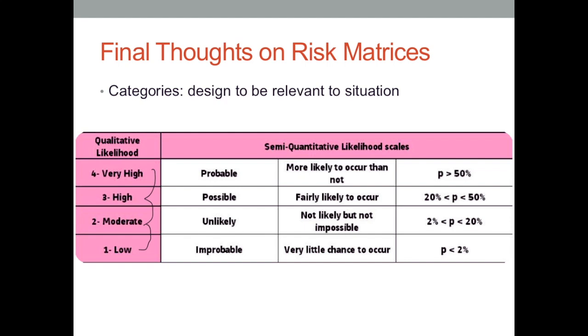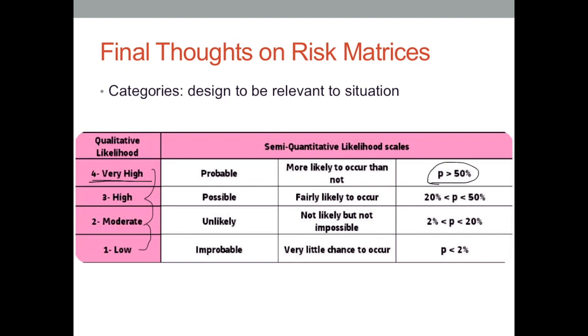In this example, the probability scale has the highest, or the most likely to occur, at 50% or greater. If we were to go magnitude of order, the next level should be 5% or greater, right? But they're saying that if the hazardous event is just as likely to occur as it is not to occur, so a 50-50 chance here, they rank that as a very high.